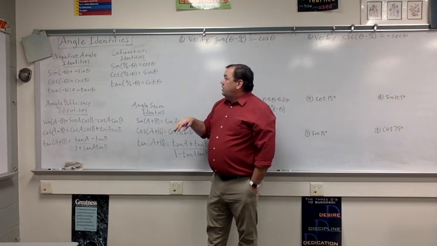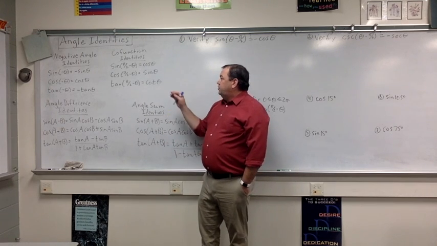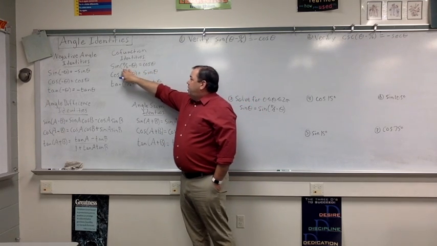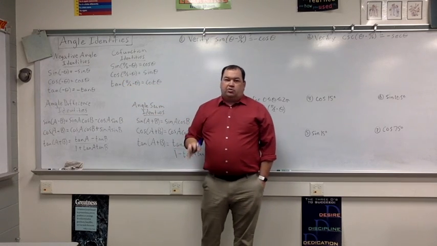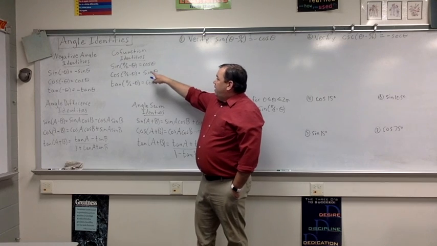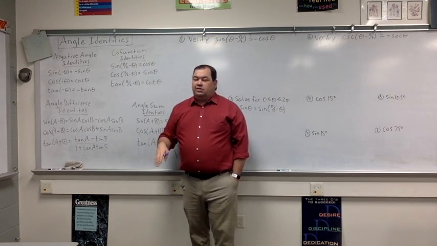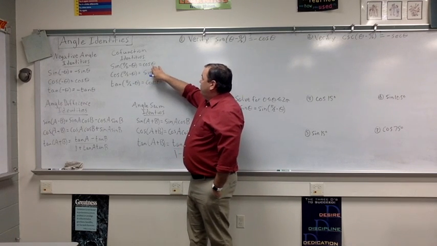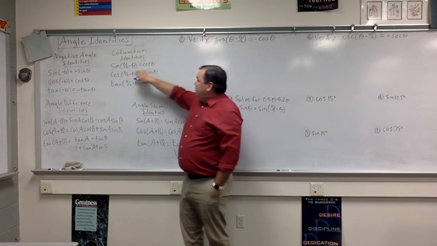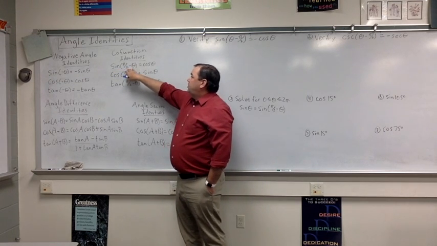The cofunction identities are also built in. We've talked about this when we built our unit circle, but this pi over 2 is 90 degrees. So we're going to stick to the first quadrant just to discuss this. If I look at something in the first quadrant, something like 30 degrees, and I look at cosine of 30 degrees, if I take 90 minus that 30 degrees, I have sine of 60 degrees.